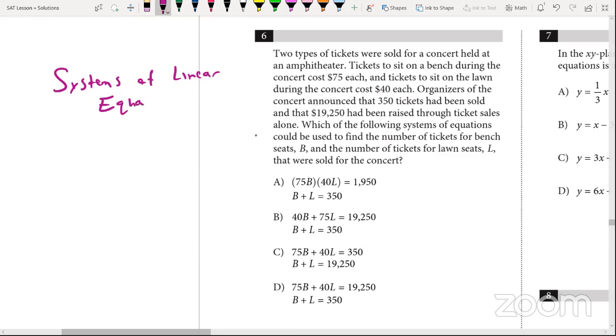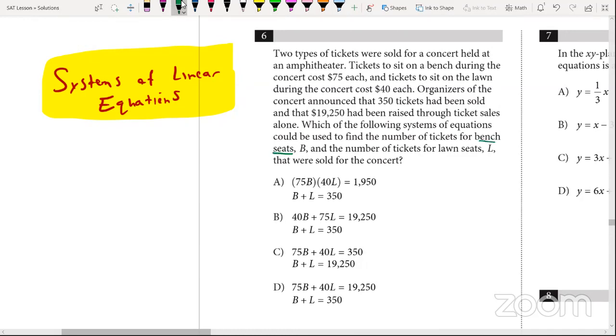They spelled it out for us, but they also gave us so much more information that it's a little overwhelming. This is the one that people would call, quote unquote, a word problem, even though most of the questions in the SAT can be referred to as word problems. But in any case, they're telling us that B is the number of bench seats. If I can get this to work.